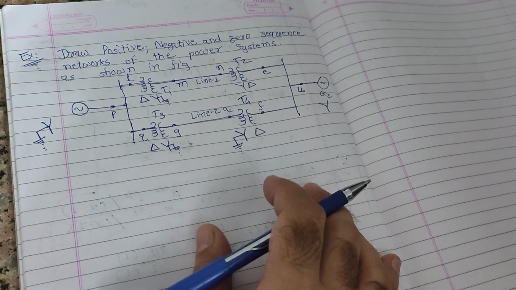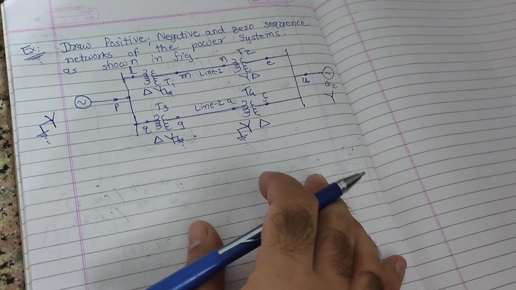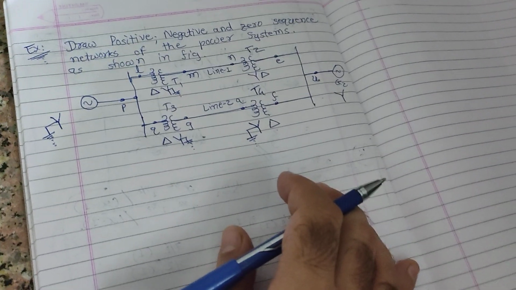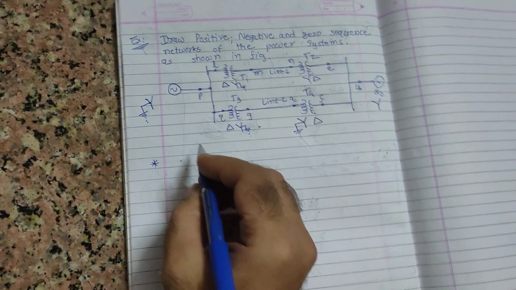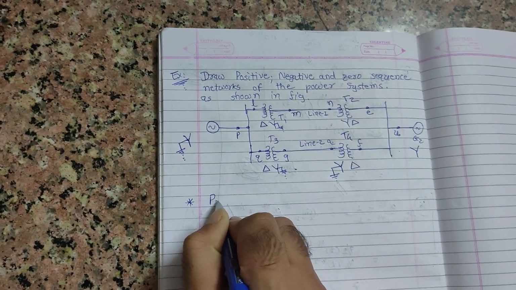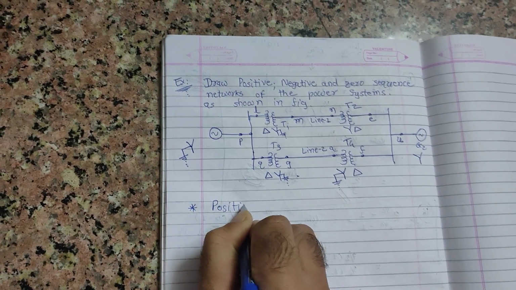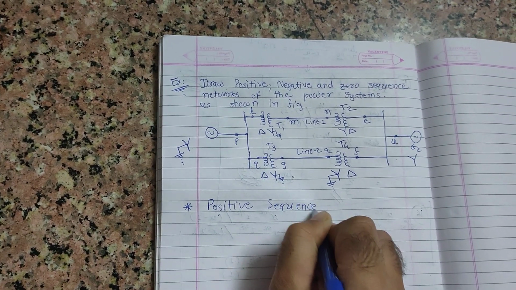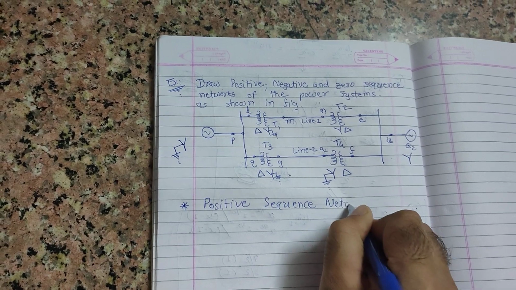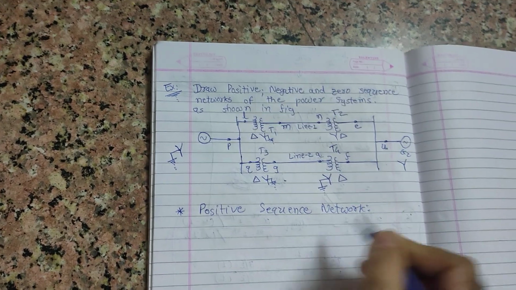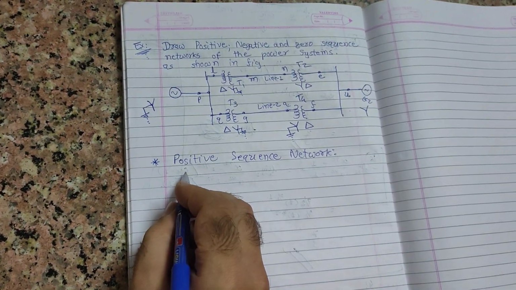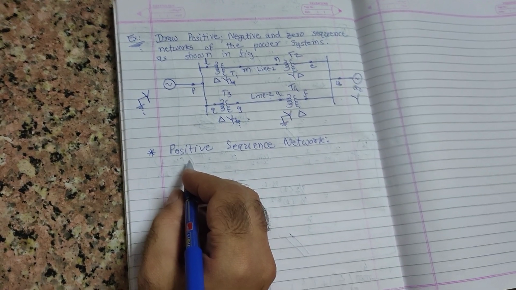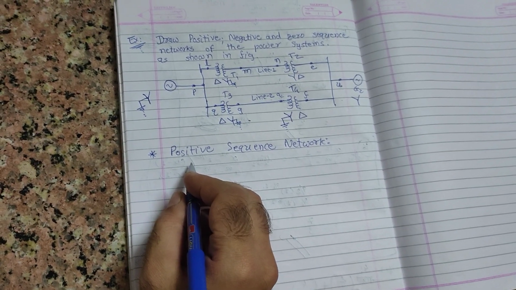First of all, let's see how we can form the positive sequence network. This network is as it is, the same as what we have seen for the per unit reactance diagram in our previous lectures.